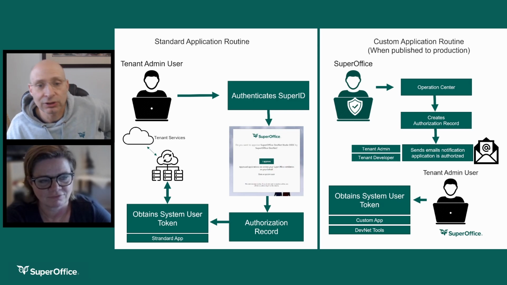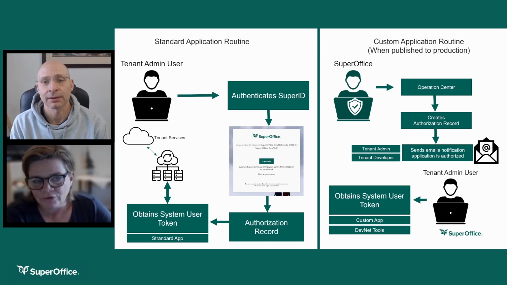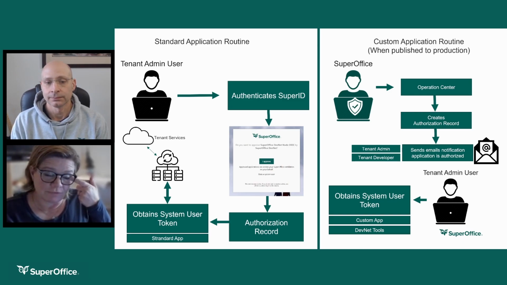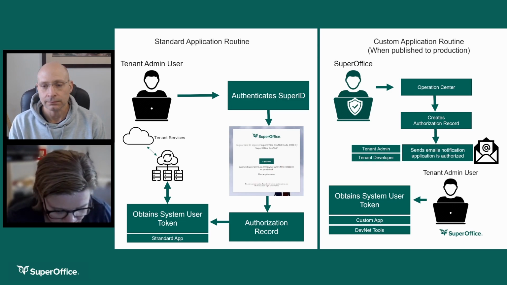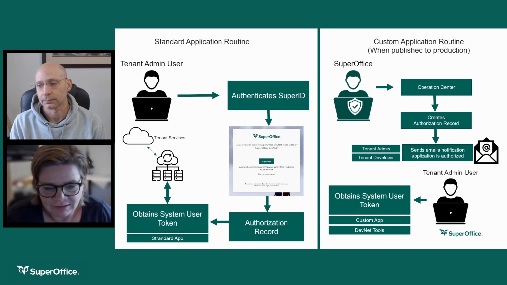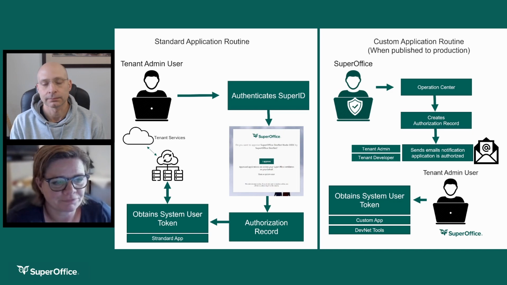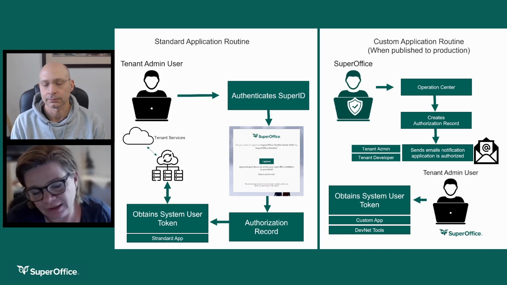Margareta, is there anything you'd like to add to that? No, the authorization record is so we specify that this app may only be used by this customer. For standard apps, every administrator can say that they want this app.